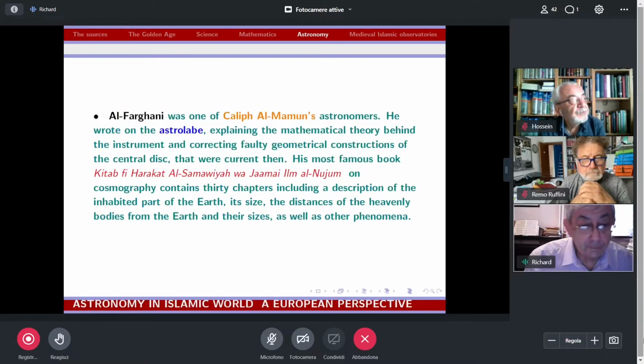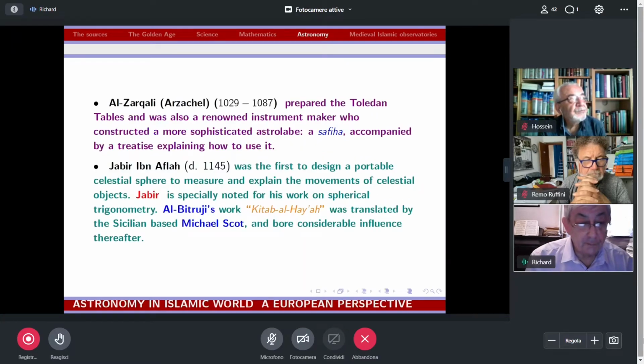There was Al-Farabi, one of Caliph al-Mamun's astronomers. He wrote on the astrolabe, and his most famous book on cosmography contains 30 chapters, including a description of the inhabited part of Earth, the distances of heavenly bodies from Earth and their sizes, as well as other phenomena.